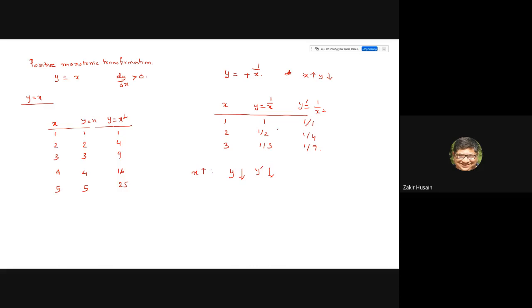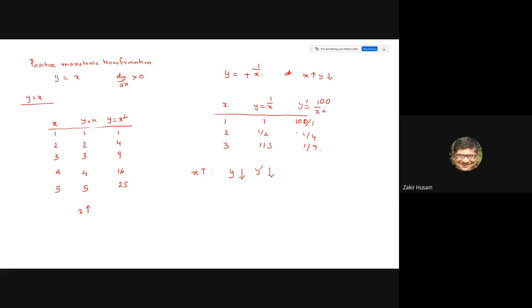Okay? Now if you look at it, compare this. Sorry, this is actually not a monotonic transformation. Yes, sorry, not this one, if I do it like this, hundred by x square.